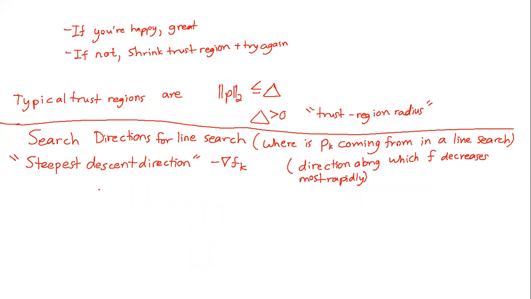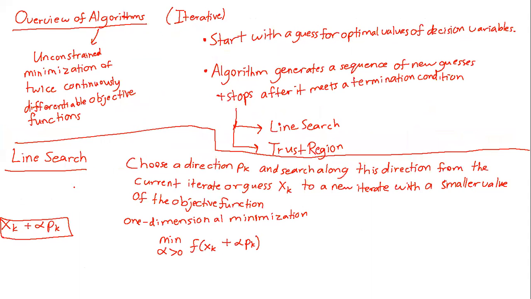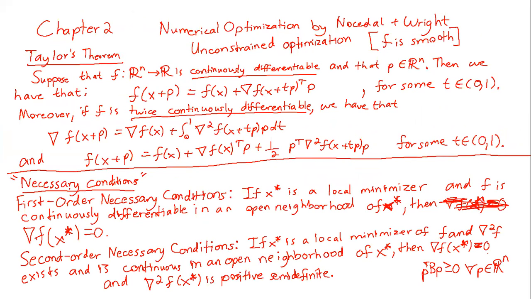So where the book goes with this is they say, okay, I'm going to show you that this is the direction it decreases most rapidly, and we're going to use Taylor's theorem again. So going back to Taylor's theorem briefly. Oh, there we go. Here's Taylor's theorem.